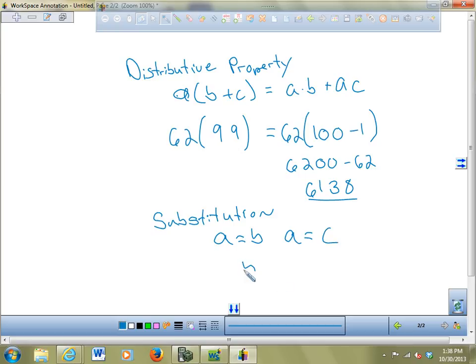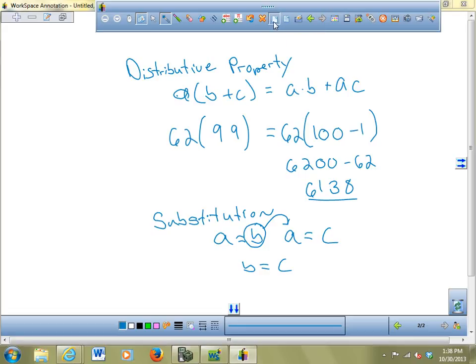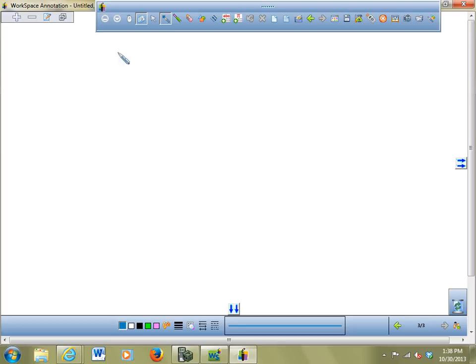B equals C. That's the substitution property, which says that if A is equal to one thing and A is equal to another thing, I can plug it in and get that B is equal to C, which you use when you're solving systems of equations. All right, so now I'm going to give you one example, and then we're going to do 3 examples, and then you're going to have some time to work.